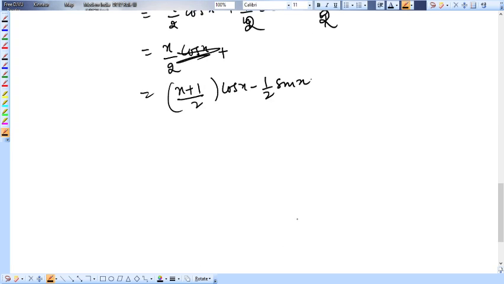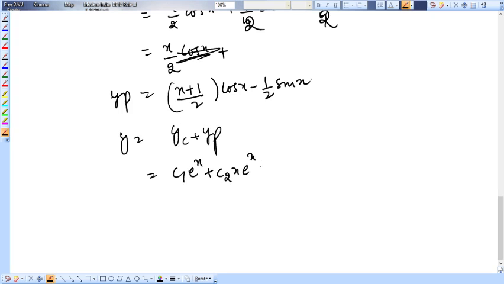Therefore the particular solution is this, and the complete solution is yc plus yp, where yc was equal to c1 e raised to power x plus c2 x e raised to power x.